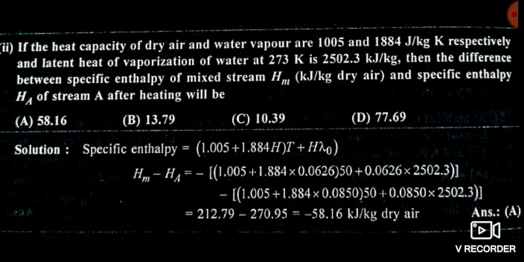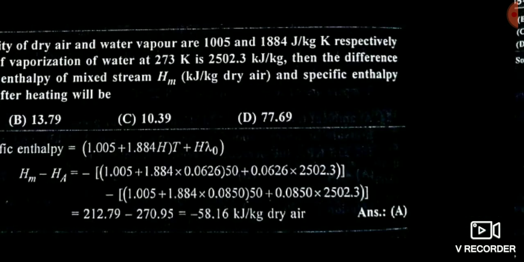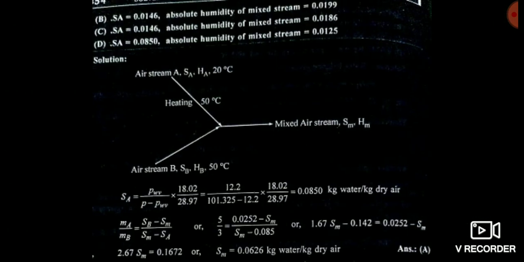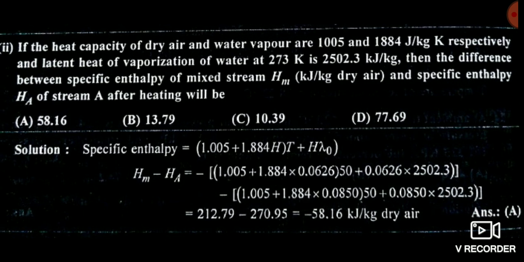The specific enthalpy formula I have told you, that is 1.005 plus 1.88 into H plus H into lambda naught. So you should put all these values very carefully, because here we have calculated the absolute humidity of stream A, that is 0.0850, and the absolute humidity of the mixture, that is 0.0626, and the temperature is given, that is 50 degree centigrade. So you put all these values, you will get the answer.